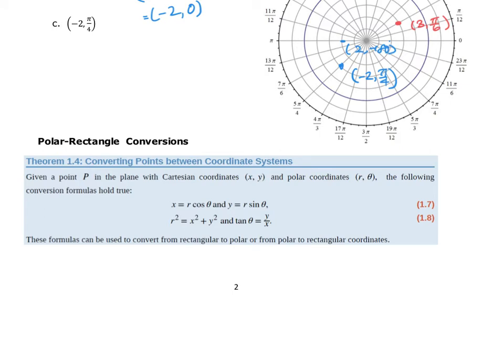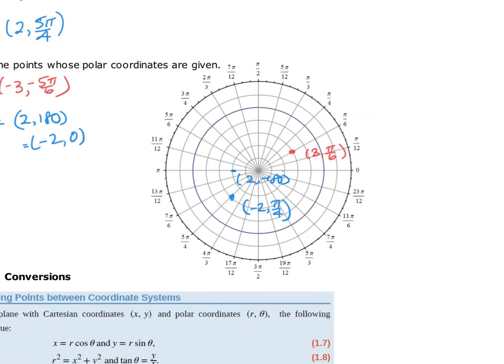If I were to superimpose the xy Cartesian system onto this graph, then this line would be the y-axis, and this would be the x-axis.